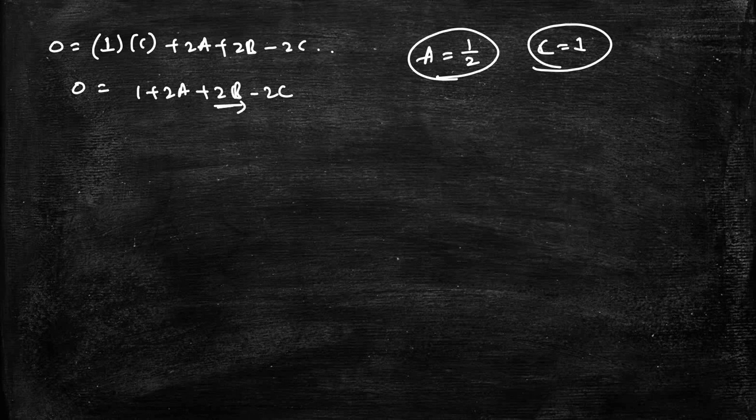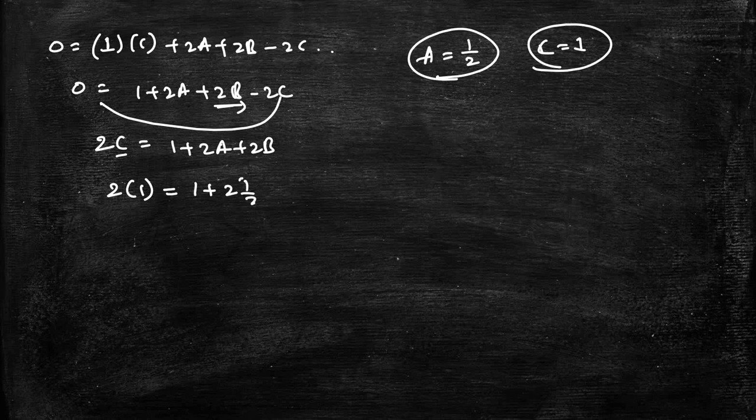So here we will get b. 2c is equal to 1 plus 2a plus 2b. So c is equal to 1, and 1 is equal to 1 plus 2a, which is 1 by 2, plus 2b. So 2 will get cancelled, and 2 into 1 is equal to 1 plus 1 plus 2b, which is 2 plus 2b.